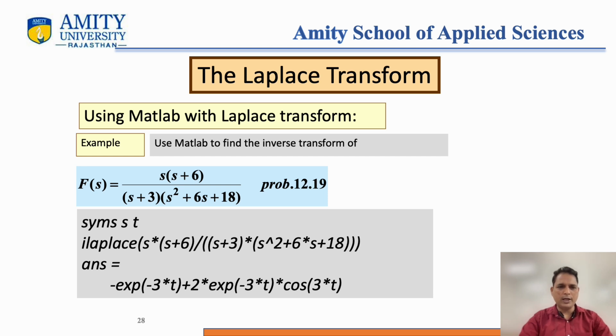That means we consider A upon (s plus 3) plus (Bs plus C) upon (s square plus 6s plus 18).